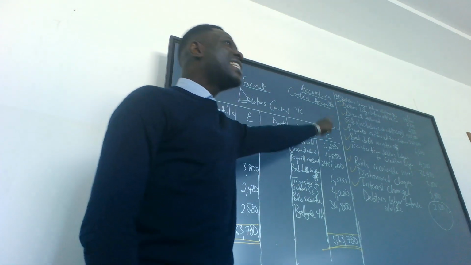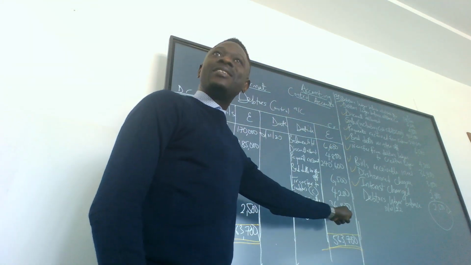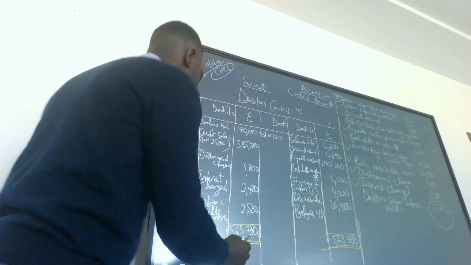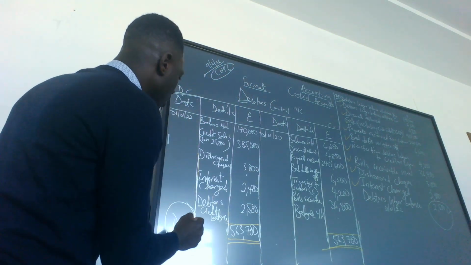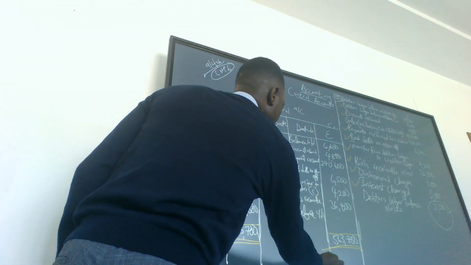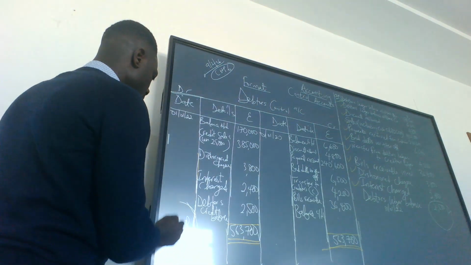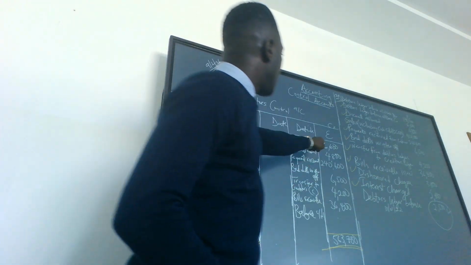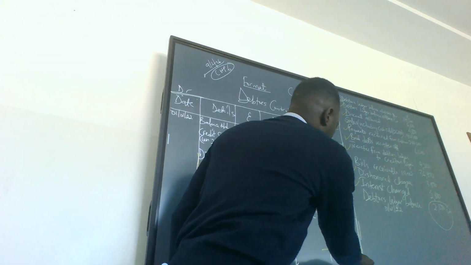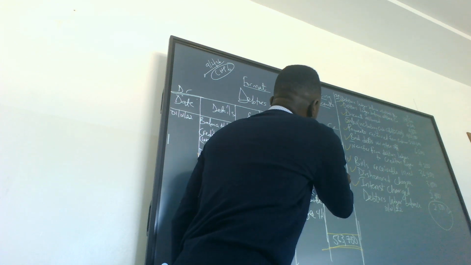The difference between the credit side and the debit side is our balance carried down. Do we add or subtract? Add all this, then minus this from this. The payment received, all this together, minus the rest. What was it? 6,005, right?